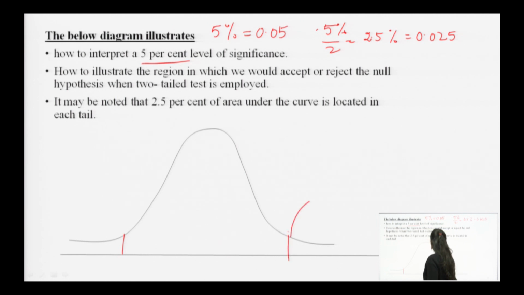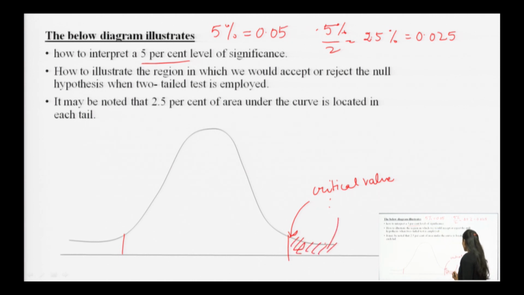Two-tailed test means, if this is my critical value, which is separating my H naught and H A, that means the null hypothesis and the alternate hypothesis area, then this part is called H naught.